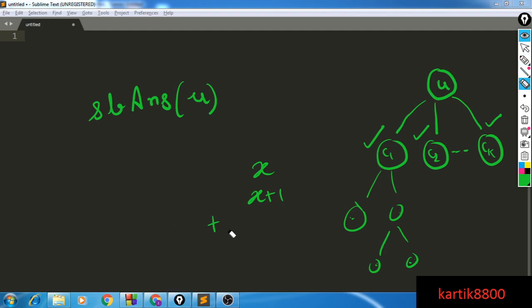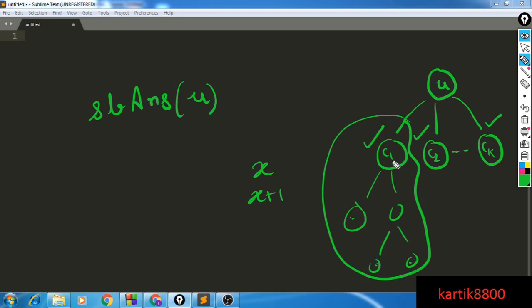So if I knew the subtree answer of C1, I could simply add 1 for every node in my overall answer, and I will have the sum of the distances from U to all these nodes. I could simply take the subtree answer of C1, then add 1 for every node.